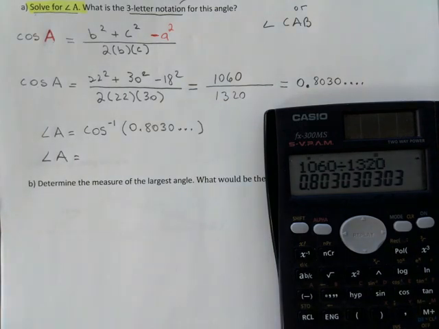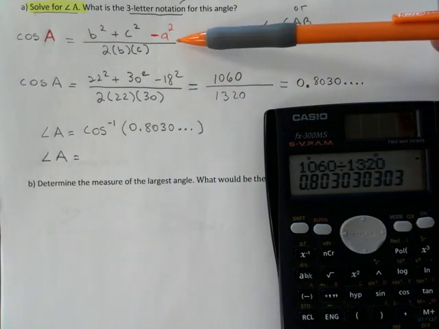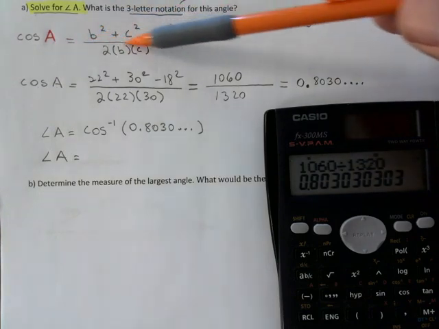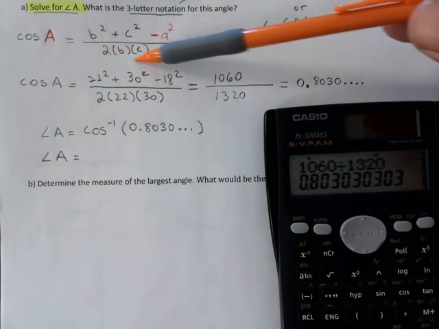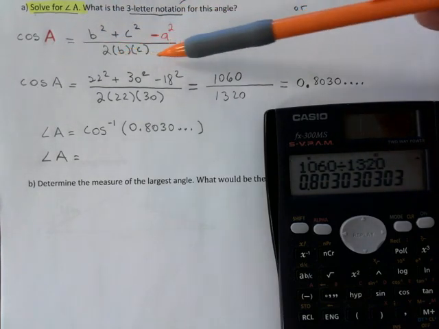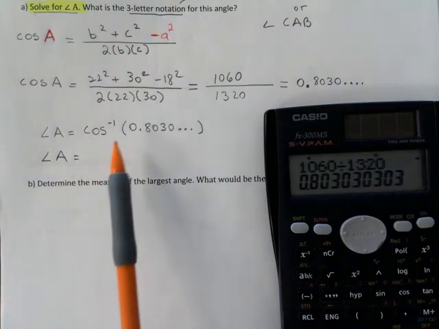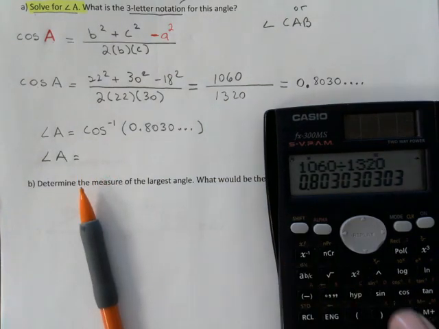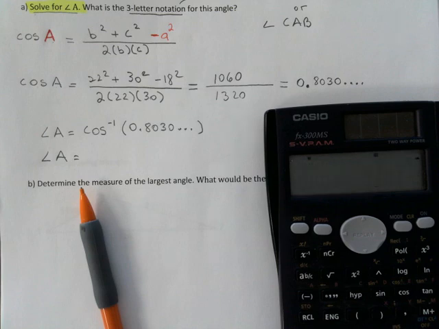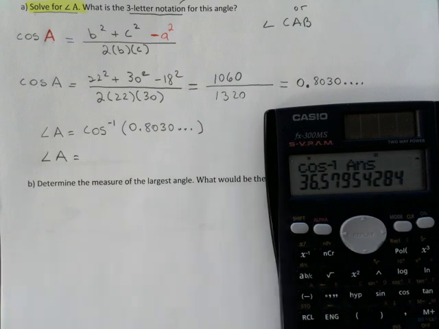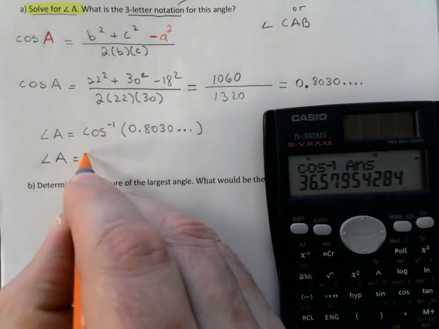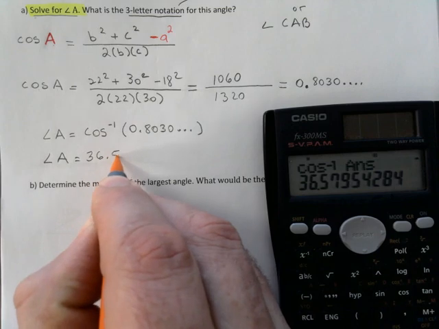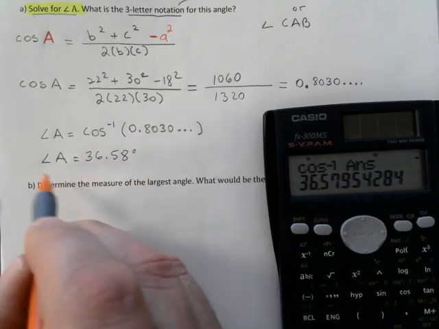We are going to skip the initial formula that I gave you here. You don't have to have that. This is just here for our notes. So let's go ahead and go shift cosine, equals, and you should get 36.58, 36.58.